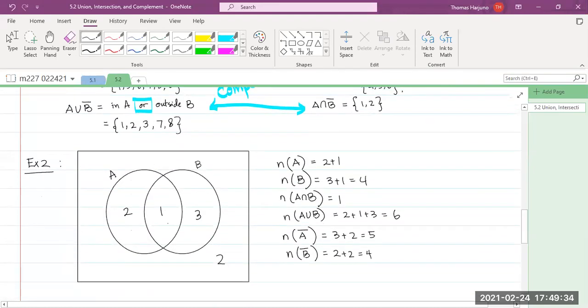Here you see 1. It doesn't mean that 1 is an element of B. No, it just says that the intersection has 1 element, but doesn't mean the element is 1.